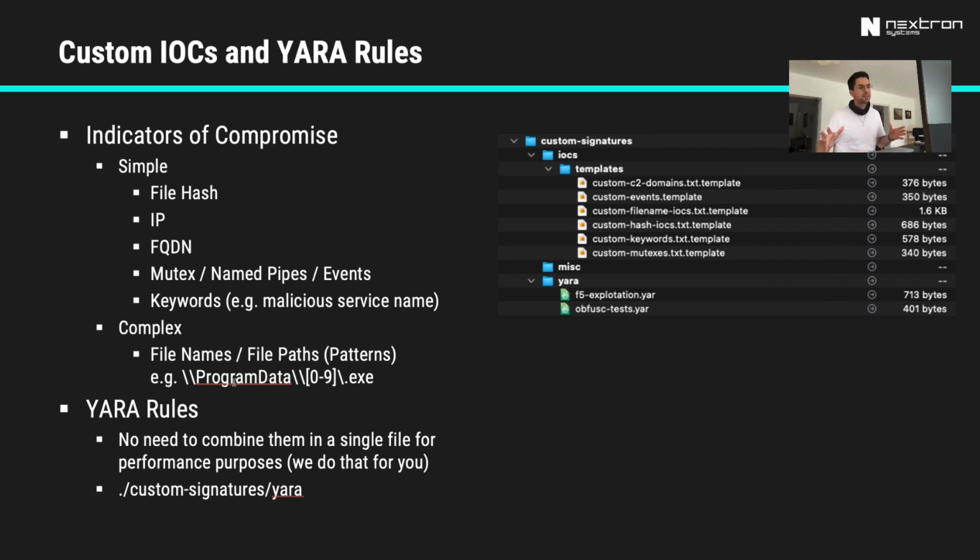The patterns that we can use are pretty flexible, and we are very successful with these patterns, especially the ones looking directly in the program data folder for executables, VBS files, PowerShell files, as well as in the user's public folder and perflogs folders. There are some folders on a Windows system that are often used for staging, and we have generic detection rules for that. The YARA rules should be placed in the YARA subfolder of custom signatures.